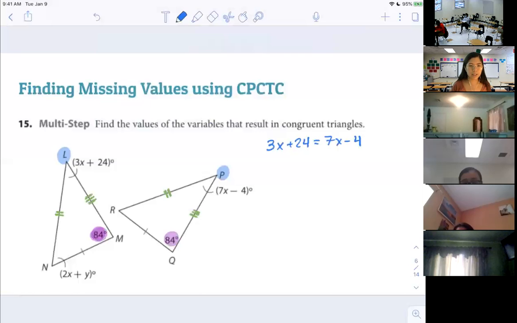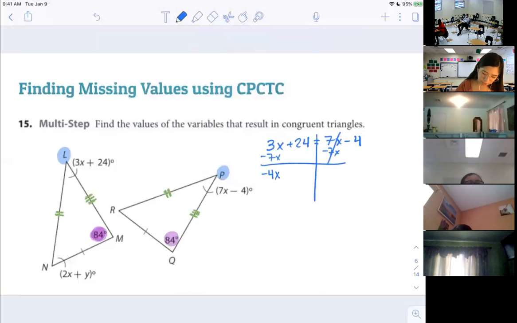Okay, and we're going to go ahead and solve for x. So here we go. What can I do first to solve for x? Move to the left. Move which variable to the left? Yeah, good, minus 7x on both sides. 3 minus 7 gives me negative 4, good.